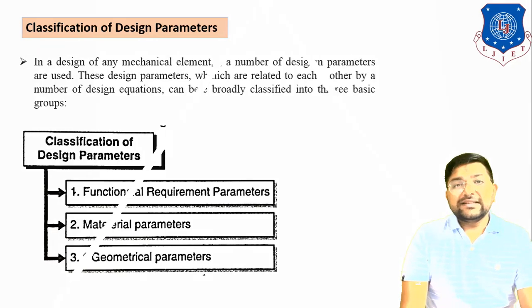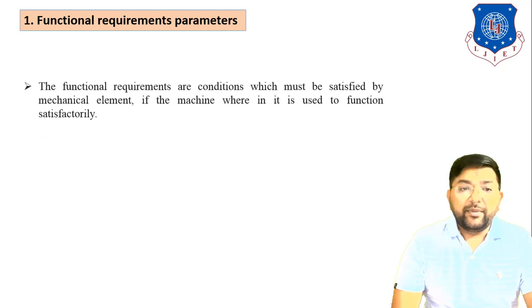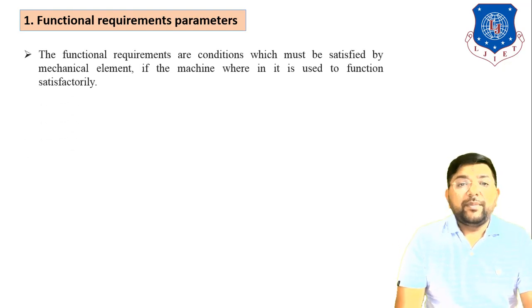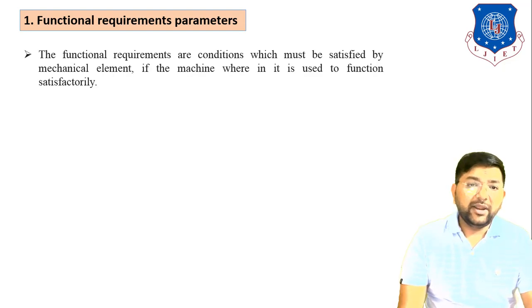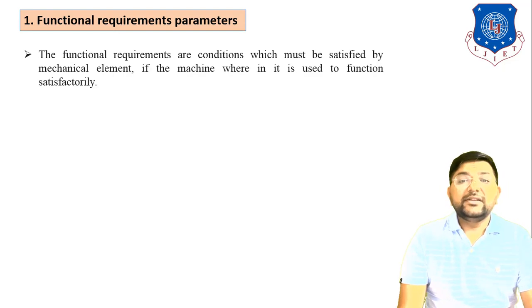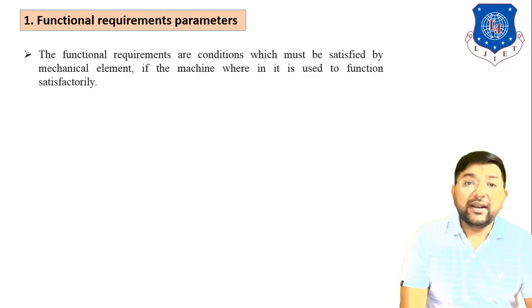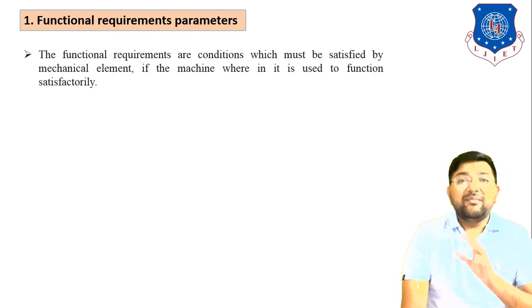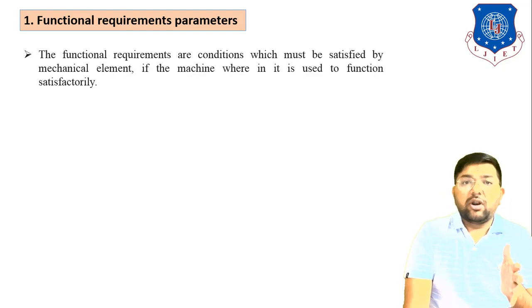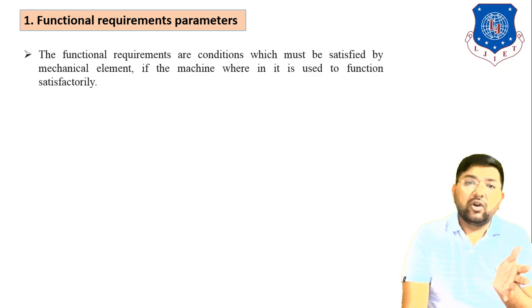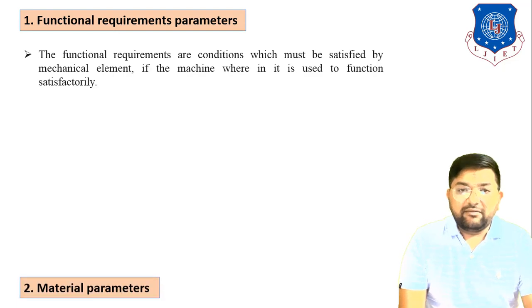Now we discuss each parameter in detail. What are functional requirement parameters? The functional requirements are conditions which must be satisfied by a mechanical element if the machine where it is used is to function satisfactorily, meaning the machine is working properly, with 100% efficiency. So this is the functional requirement parameter.